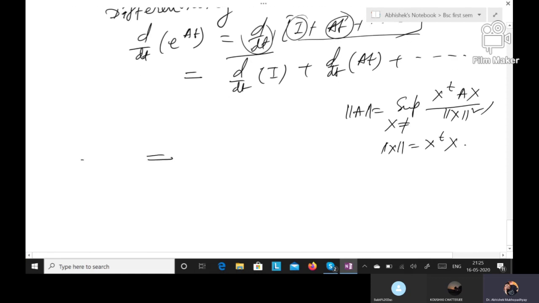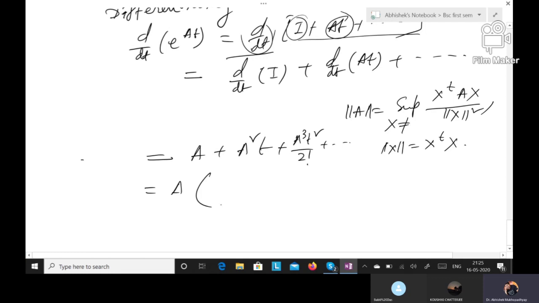So therefore we have, the first one will be the 0 matrix, and for the second one it will be A, and for the third one, that is d dt of A square T square by 2 factorial, it will give A square T, and after that it will be A cube T square by 2 factorial, and so on.